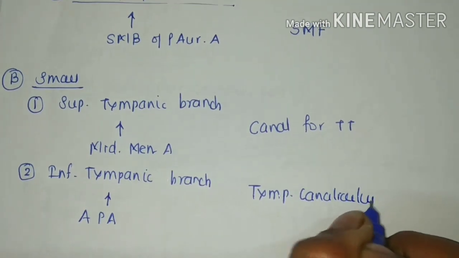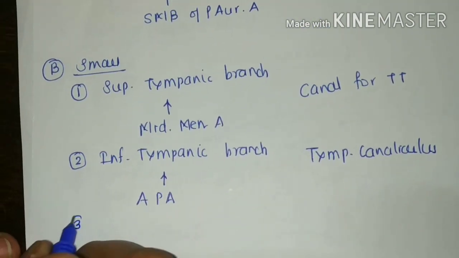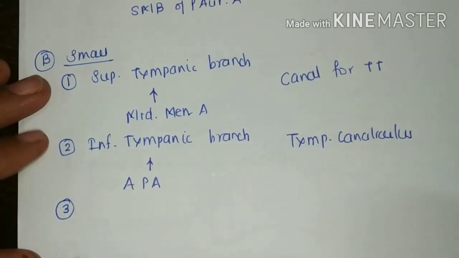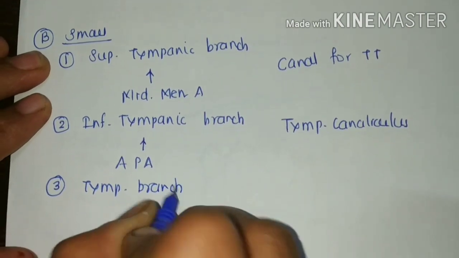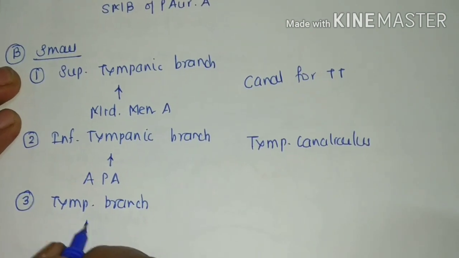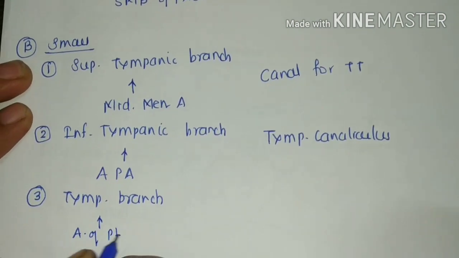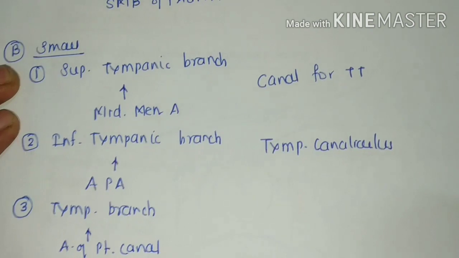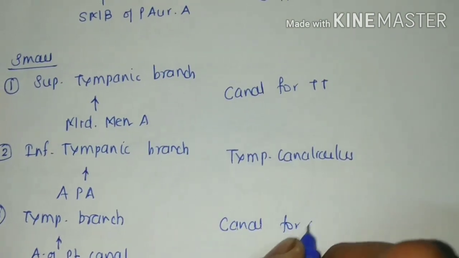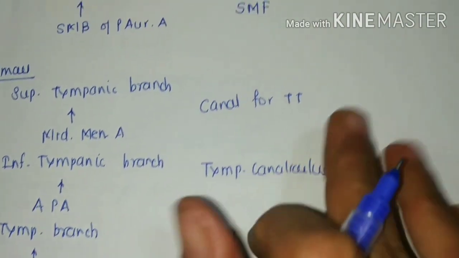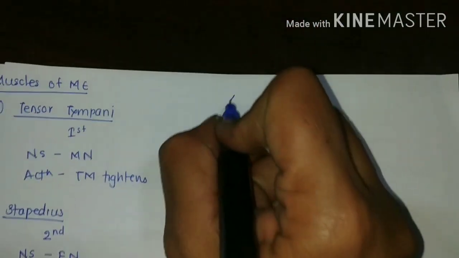Clear? Then third small artery is the tympanic branch, and it comes from artery of pterygoid canal and it enters the middle ear through the canal for auditory tube. Clear? Then here we will go for the fourth artery.